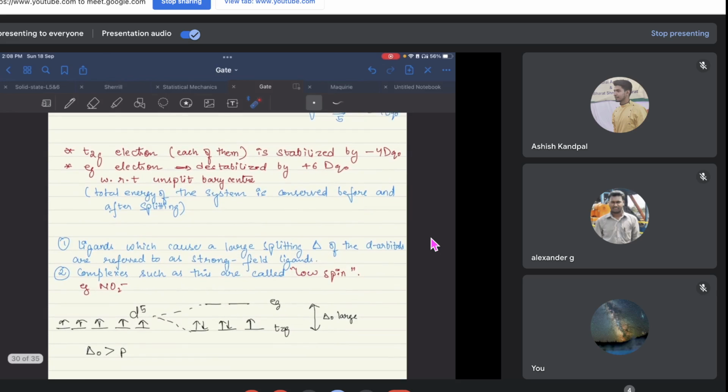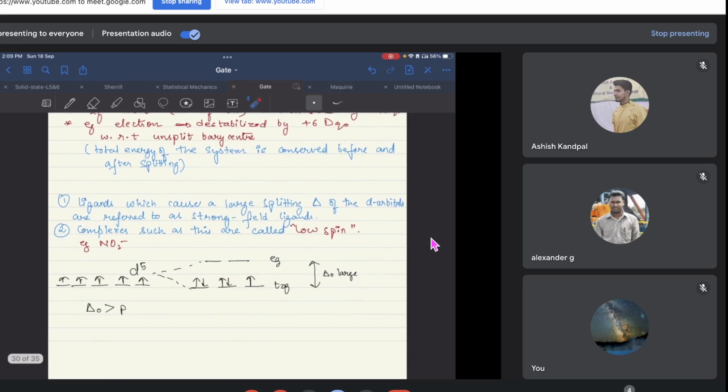Also, we need to note that the ligands which cause large splitting, that is, for which the Δ value of the d orbitals is large, are referred to as strong field ligands, and complexes having strong field ligands are known as low spin complexes. For example, the ligand NO2⁻, for the d5 configuration when the splitting is octahedral, will split into t2g and eg.